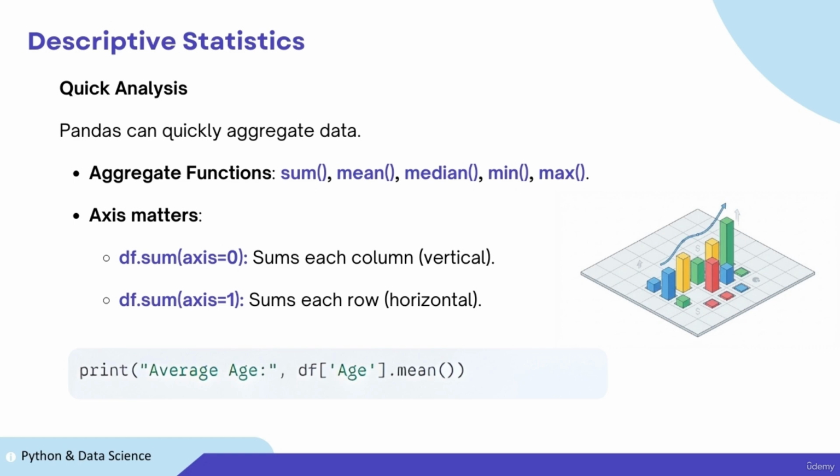If you run df.sum(axis=1), it sums horizontally, adding up the values across each row. For example, to get the average age of your users, you simply type print(df['age'].mean()).